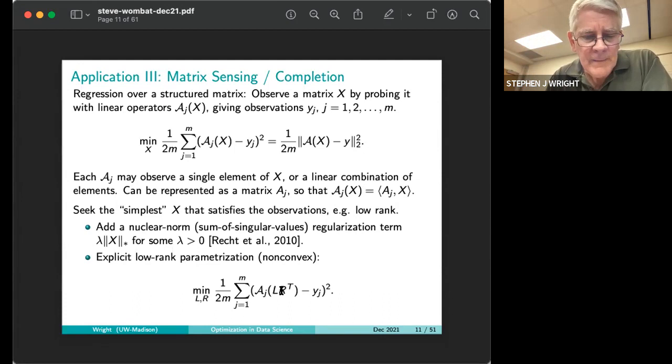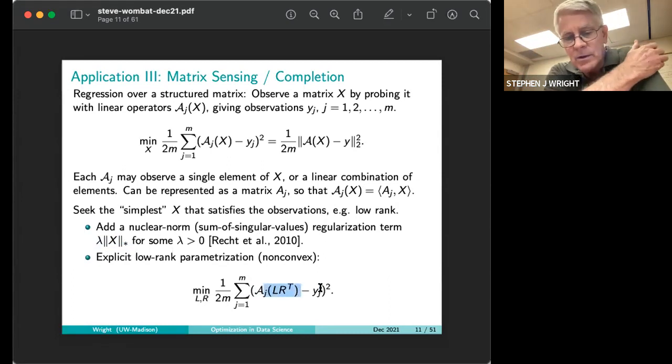But more recently, there's been a lot of interest in not doing that, but rather explicitly writing down the X as a low rank matrix, explicitly expressing it as the outer product of L and R transpose, and then minimizing over L and R to match the data as well as you can. The problem with that is that this problem is non-convex.